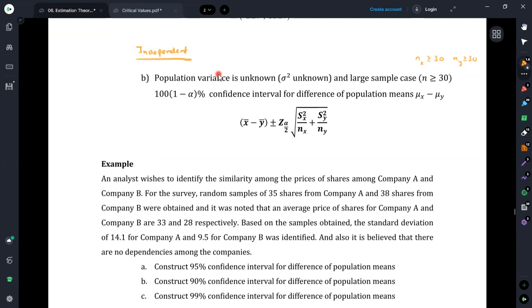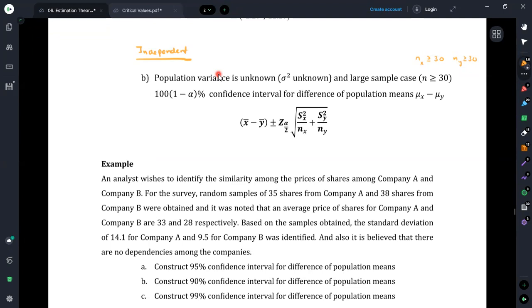Now let's see an example related to this. I have taken the same example, just considering that the population variances are unknown. Here the sample standard deviations are given, obtained according to the samples. The only difference in this calculation from the previous one is that instead of the population standard deviation, the sample standard deviations are used.